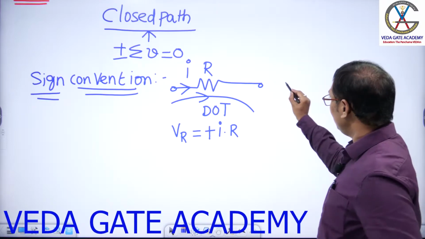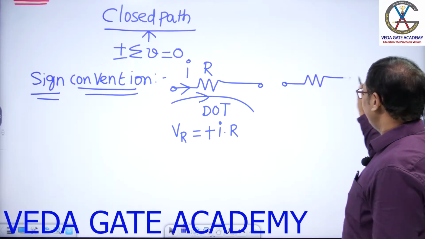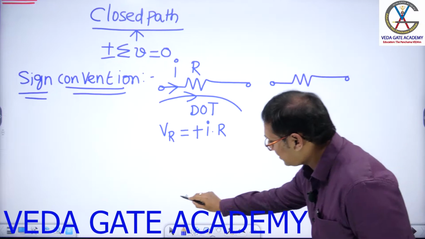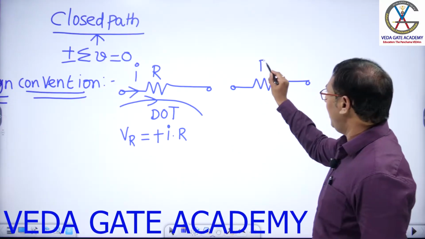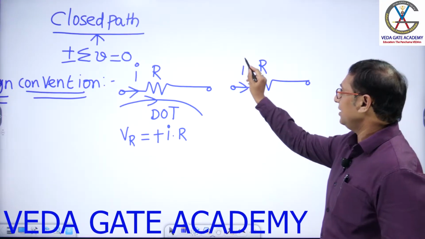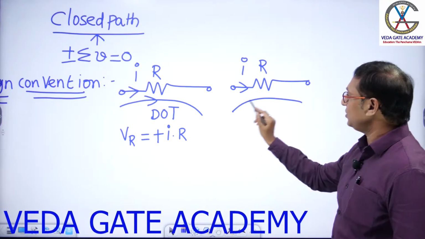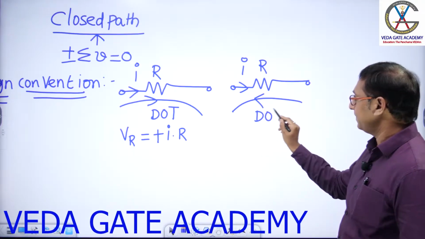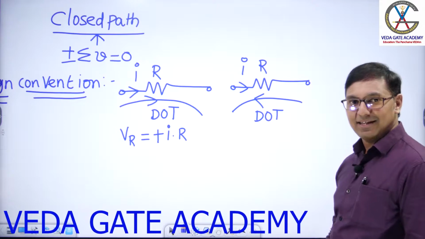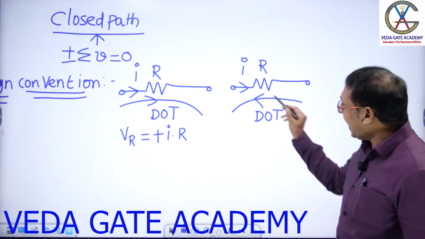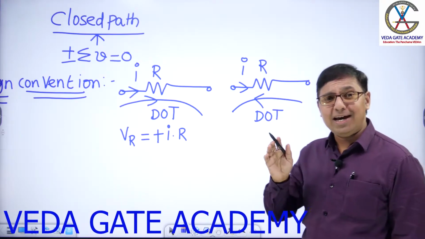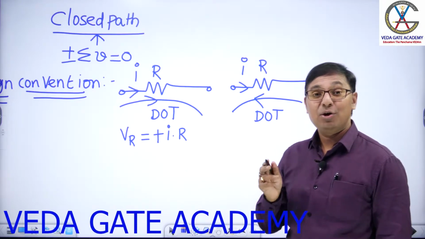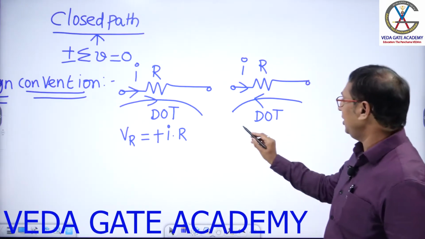Next, one more case. Resistor R, and this is branch current I. Suppose the direction of travel is like this. Now tell me, branch current and direction of travel, same direction or opposite? Both are in opposite direction.